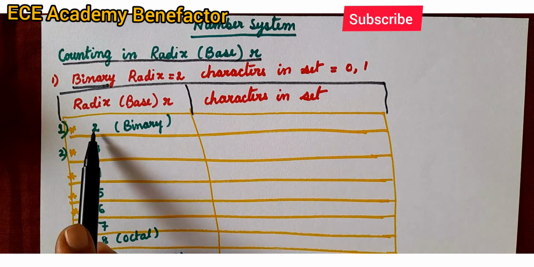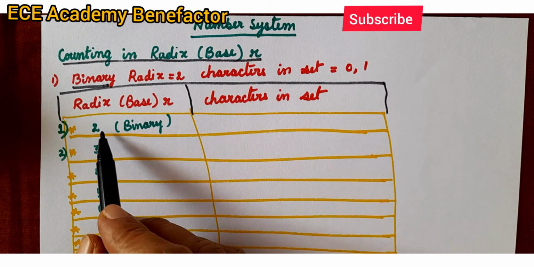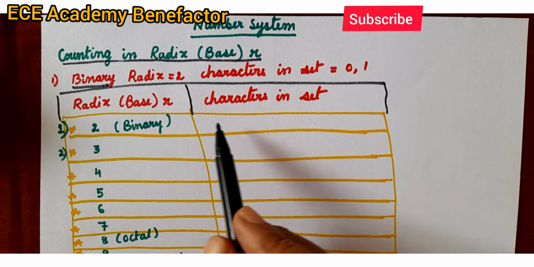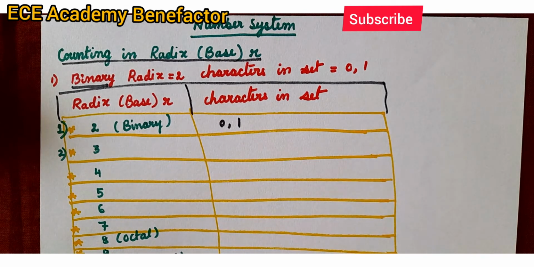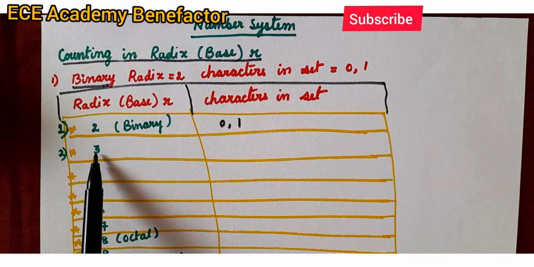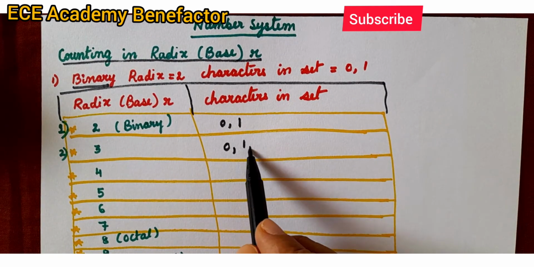If the base is 2, what will be the characters used in the set? If the base is 2, the characters used in the set are 0, 1. If the base or radix is 3, the characters are 0, 1, 2.